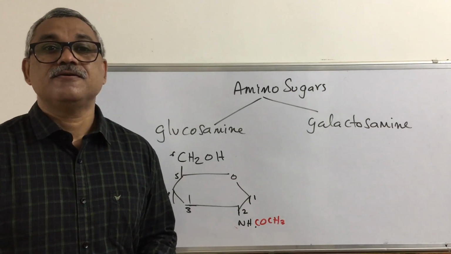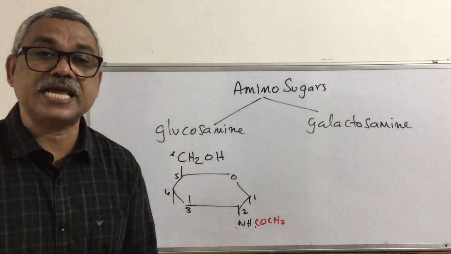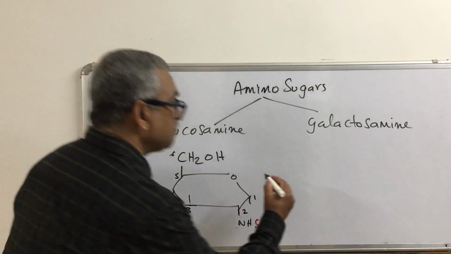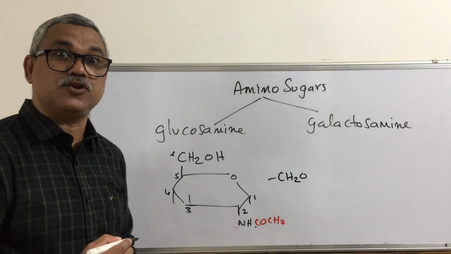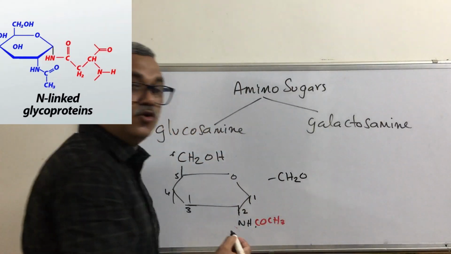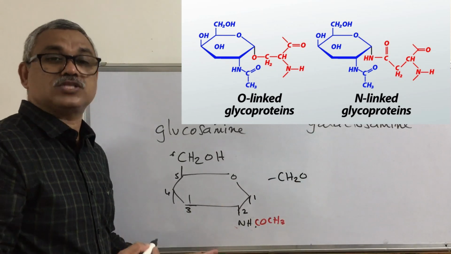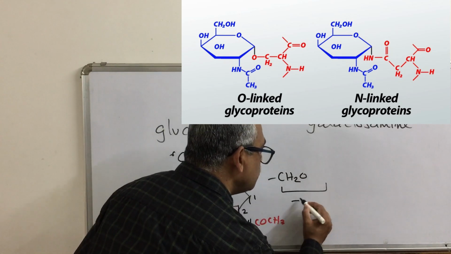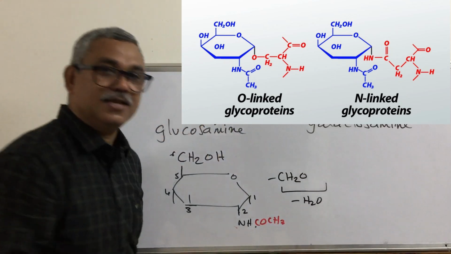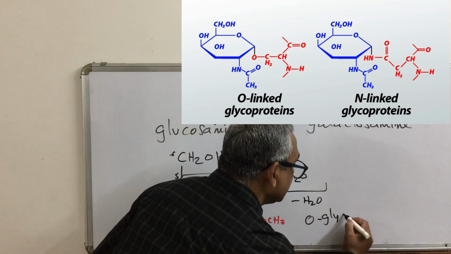We know that a serine residue will have a hydroxyl group. To this hydroxyl group, N-acetyl glucosamine is added. So therefore, by loss of a molecule of water, it forms an O-glycosidic linkage.